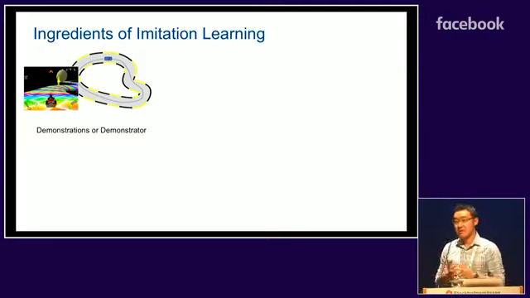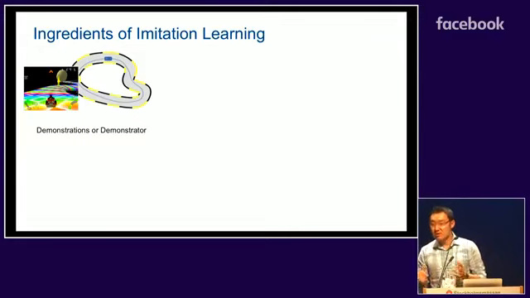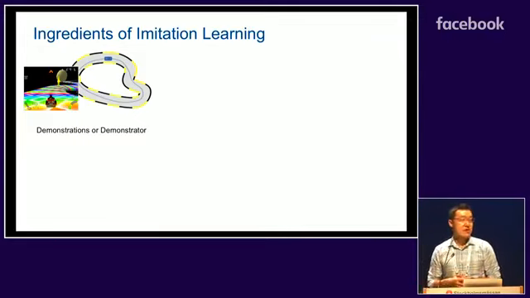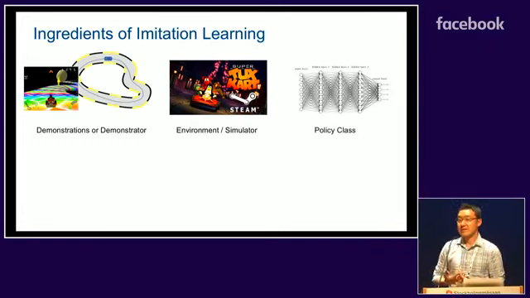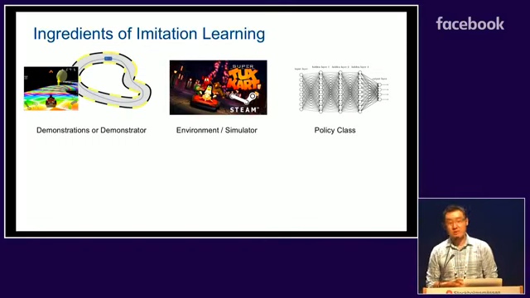So here are the key ingredients of imitation learning. It varies a little bit, obviously, from application to application, but these are the core ingredients. You start with having the demonstrations or a demonstrator. You often have a simulation environment, often a simulator. Could be the real world, could be something else. You define a policy class to use for training. These days, it's often a deep neural net, although it doesn't have to be.